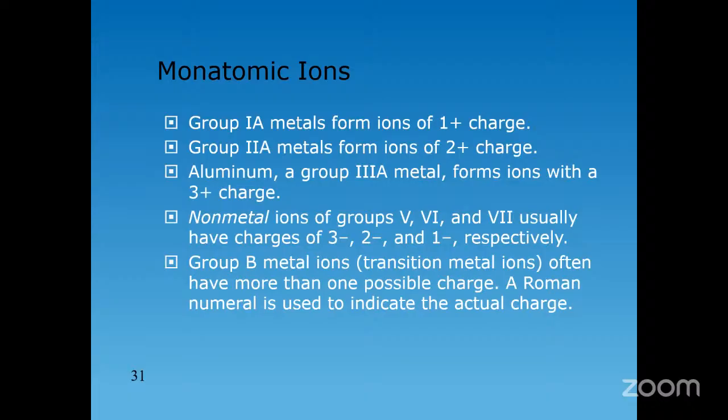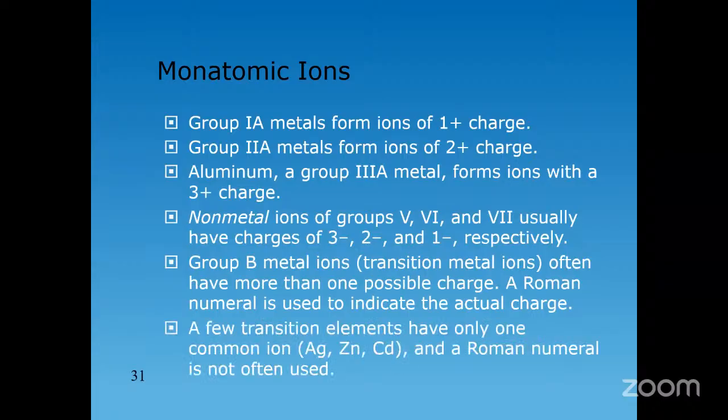And there's a system that is used by IUPAC again. It's called the Stock system. Basically, in the Stock system, you represent the different charges on the ions by using Roman numerals within parentheses, right? For example, copper can exist as Cu2+, as well as Cu+, right?